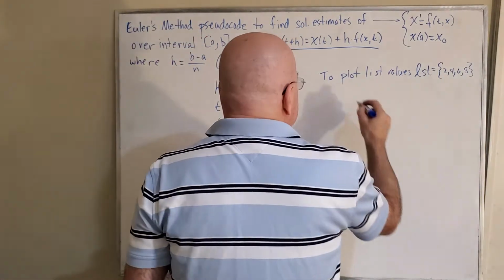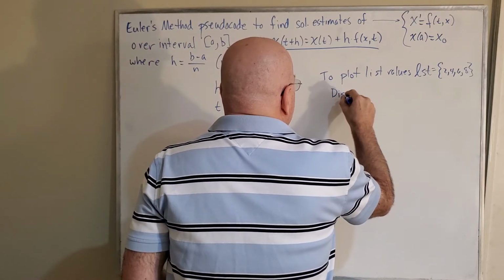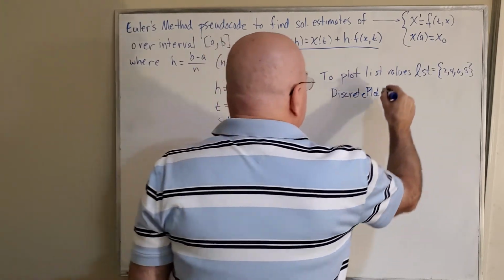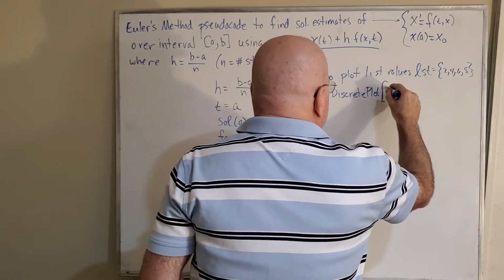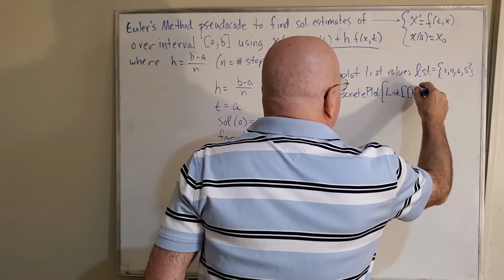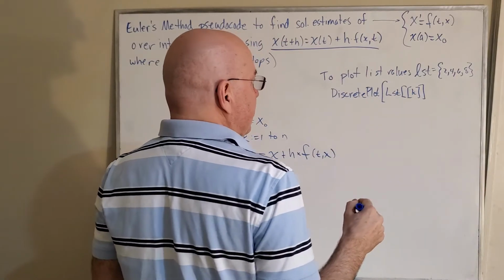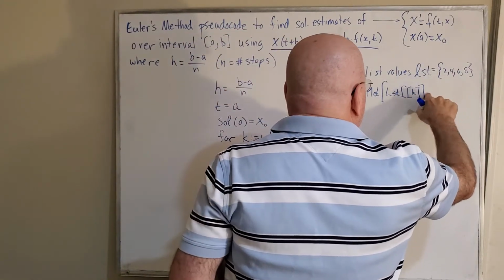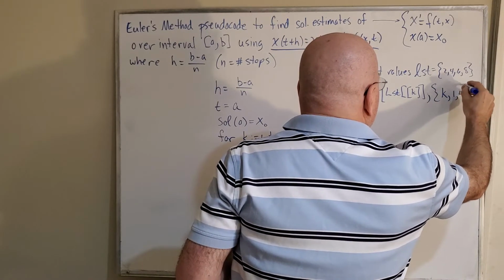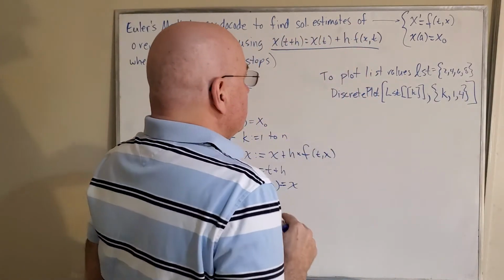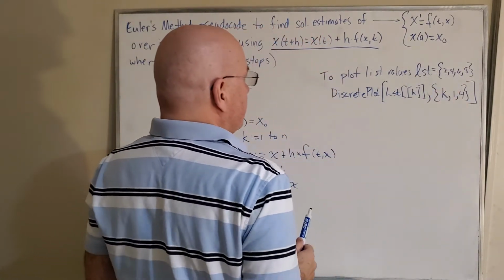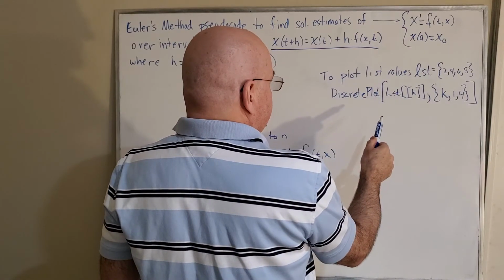One way you could do it is the DiscretePlot command in Mathematica, and you take LST, and you put a letter there, it doesn't have to be k, comma, essentially this makes k go from 1 to 4, like this, 1, 2, 3, 4, and it'll plot each of those points.